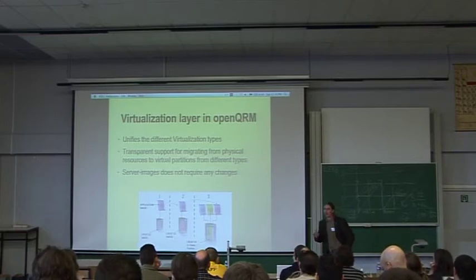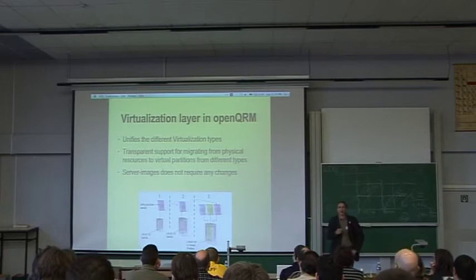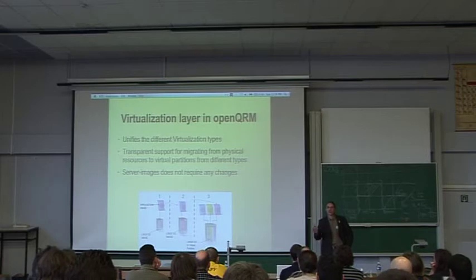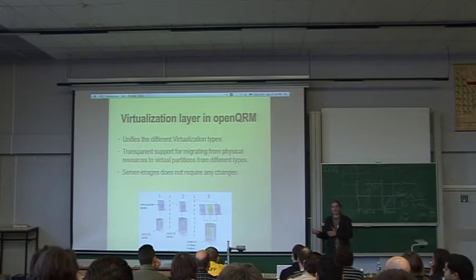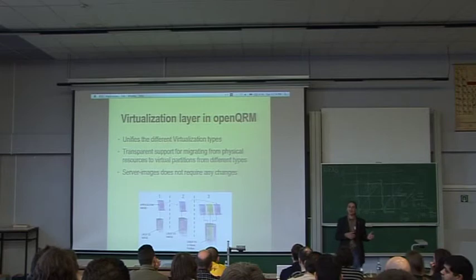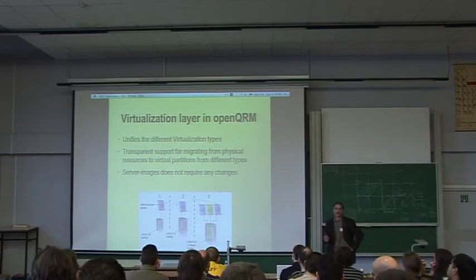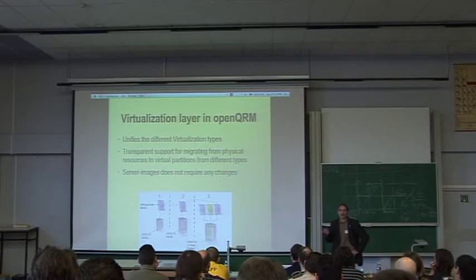But there is the need for the system administrator to select a virtualization technology or virtualization vendor for his needs. So what are the needs? The needs are basically the application needs. We have lots of different applications, and some are happier with full virtualization, some with para virtualization, and others prefer lightweight or container-based virtualization.